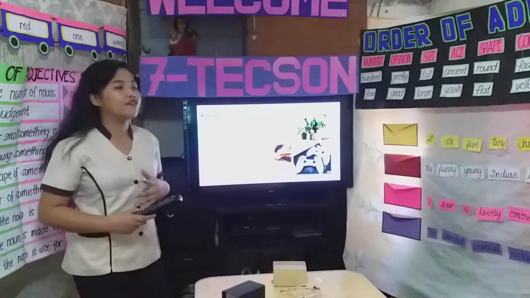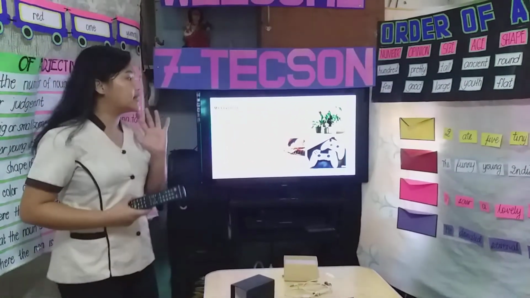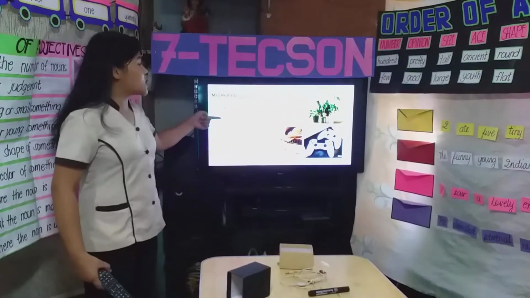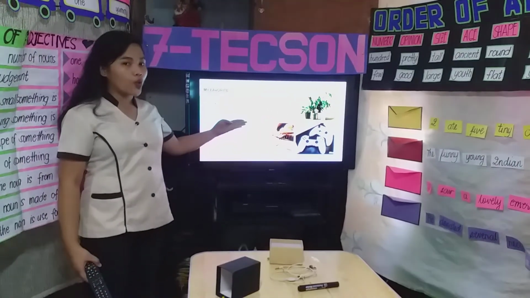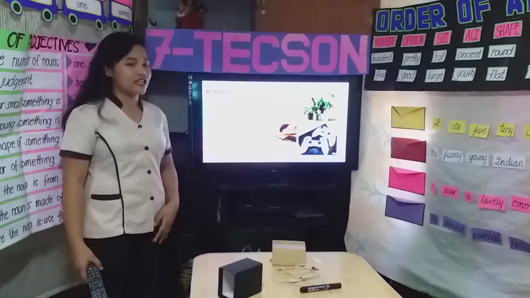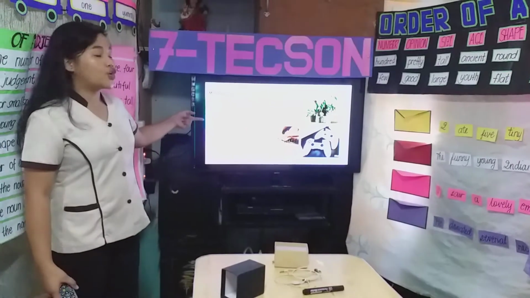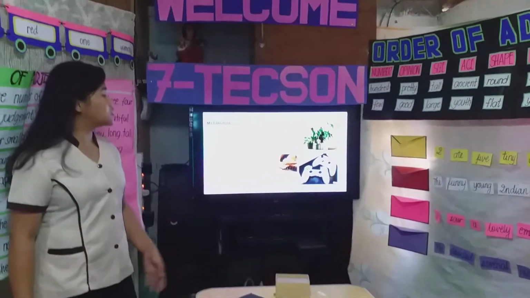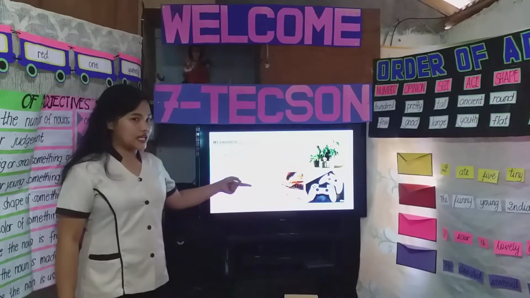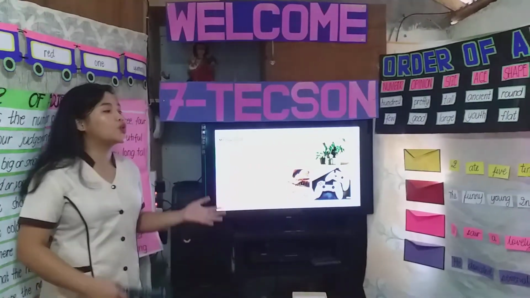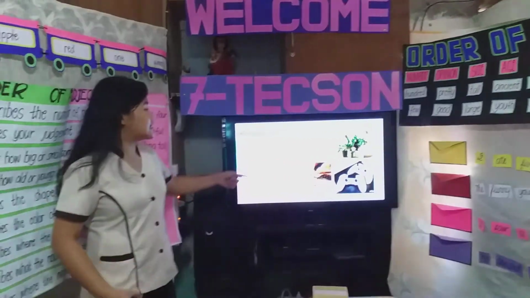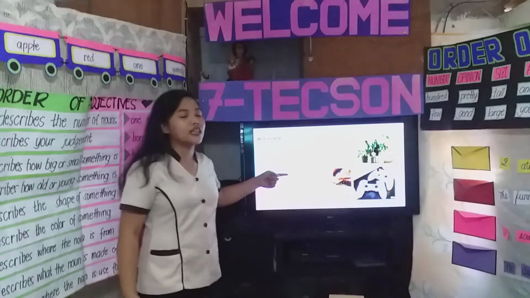So, you have to make a sentence describing your favorite menu. Is it clear? Yes, very good. Next, group 2, you were called as the botanist. So you have to make a sentence describing your favorite plant.